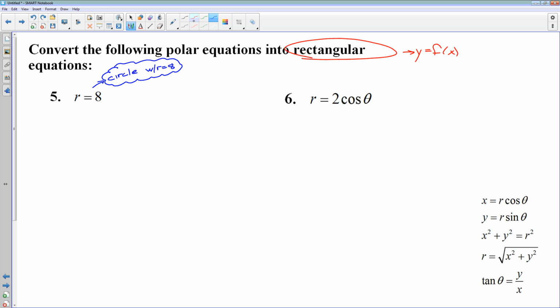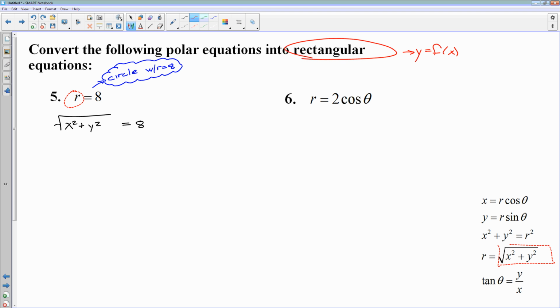The way I'm going to get there to get the full circle, there's two ways. I know that r is equal to the square root of x squared plus y squared. So I'm going to take out my r, and I'll plug in the square root of x squared plus y squared equals 8.